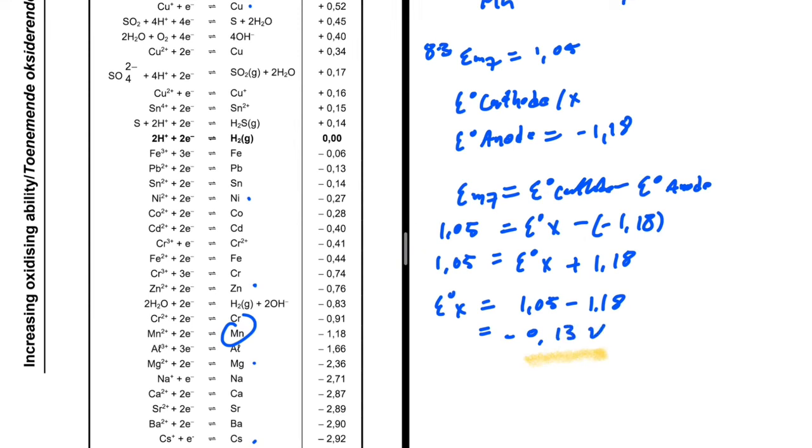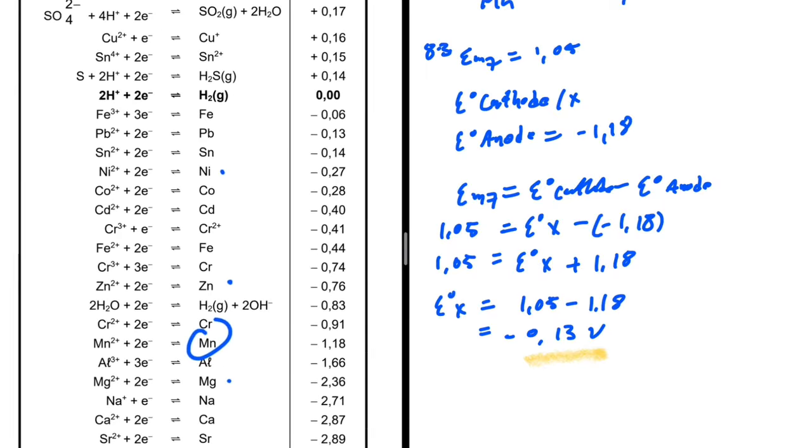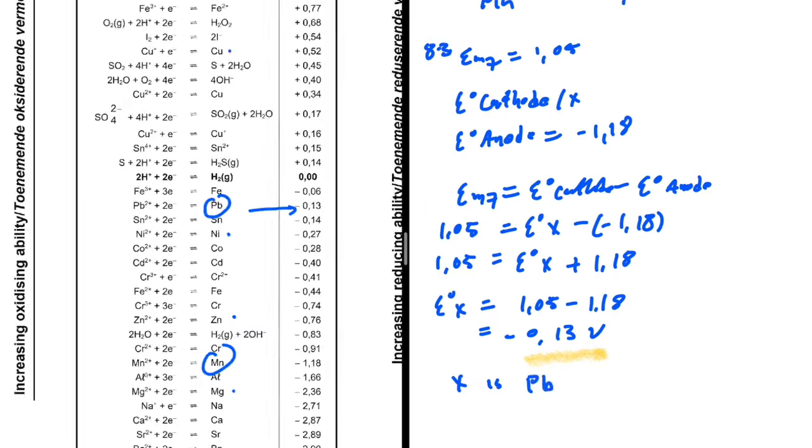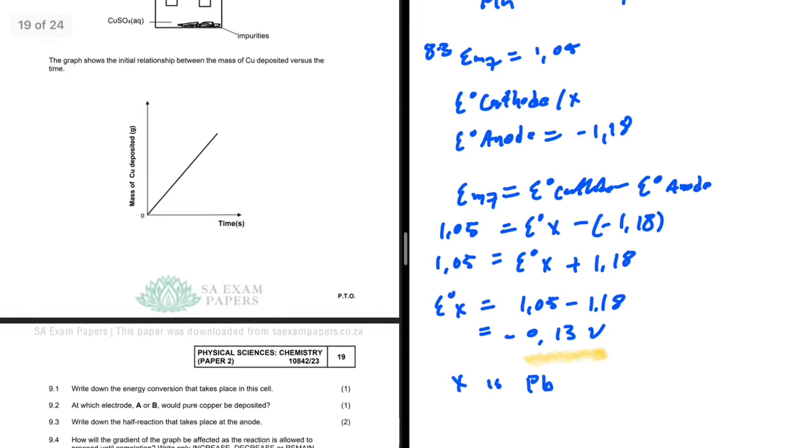Sticking to the table of standard reduction potentials, it should be easy to see that if the reduction potential at the cathode is minus 0.13, we must have Pb. We can clearly see there that the reduction potential is minus 0.13. So X is Pb. That is 8.3.